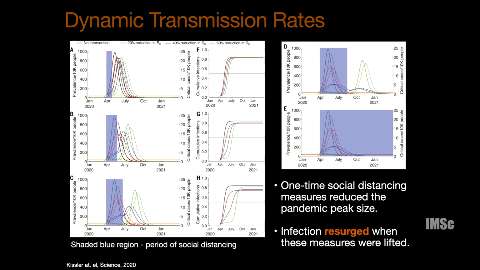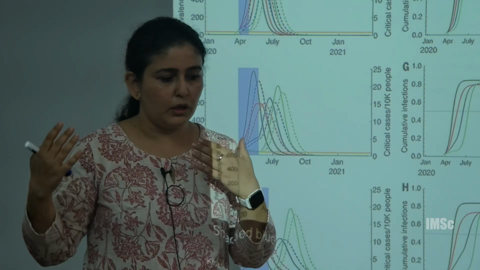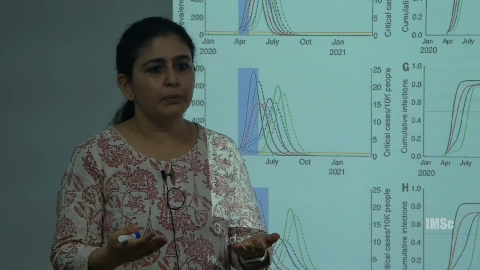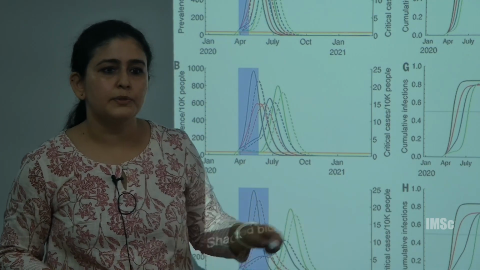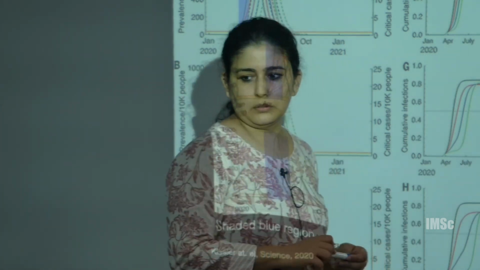And again, a very important thing here is I'm not making beta zero. I'm reducing it. So there is still some chain of infection going on. The pathogen always has some susceptibles available to it. It's not zero. So beta is not zero. It's reduced by 60%, but not infinitely.